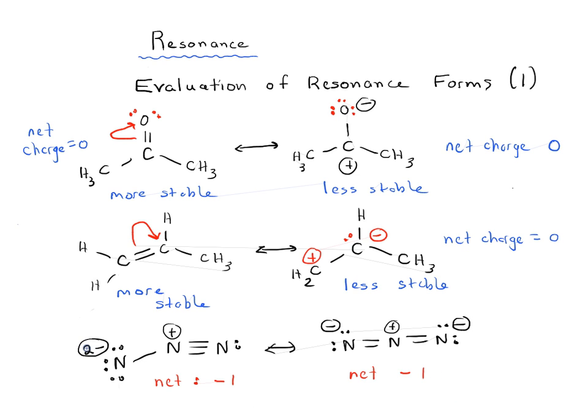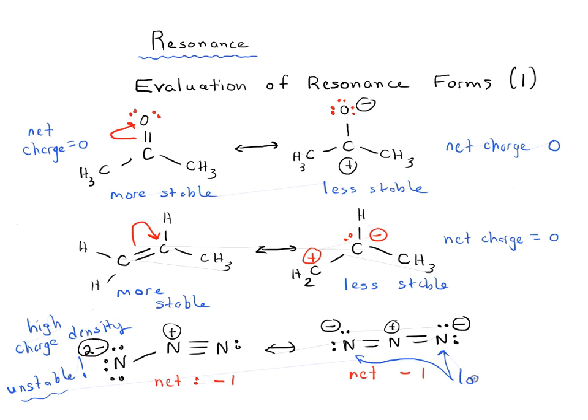Well, the one on the left has this nitrogen which has a charge of -2, which is a very high charge density. Which is going to make this pretty unstable compared to when we have charges of -1 on each of these nitrogens.